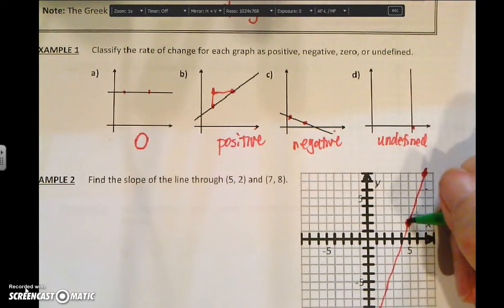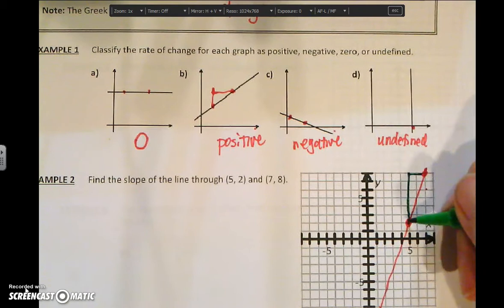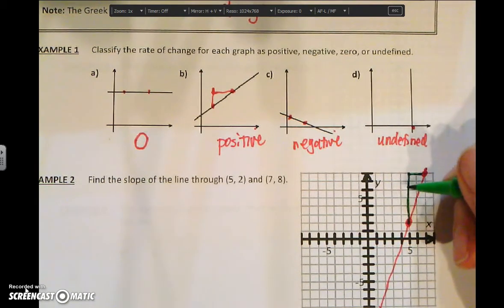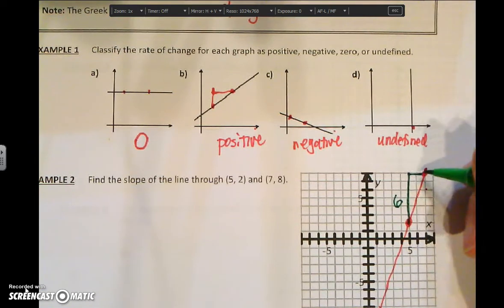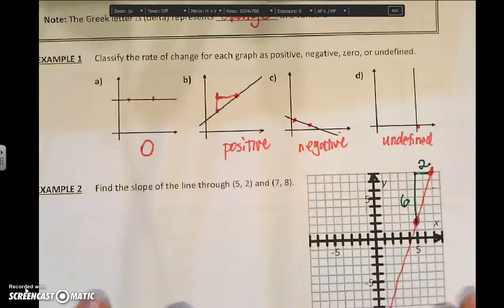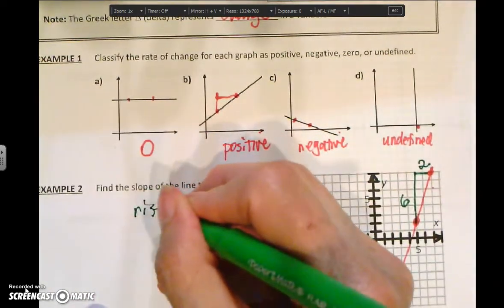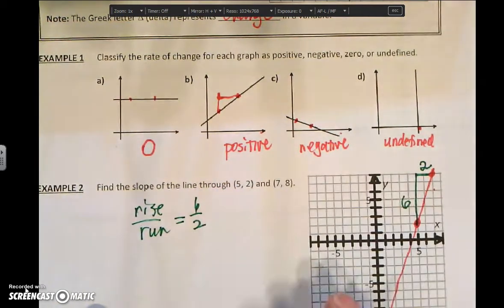So I need to do rise over run. The rise is up 1, 2, 3, 4, 5, 6, so positive 6. Then I'm going to the right, which is also positive, running 2. So my rise over run is 6 over 2.